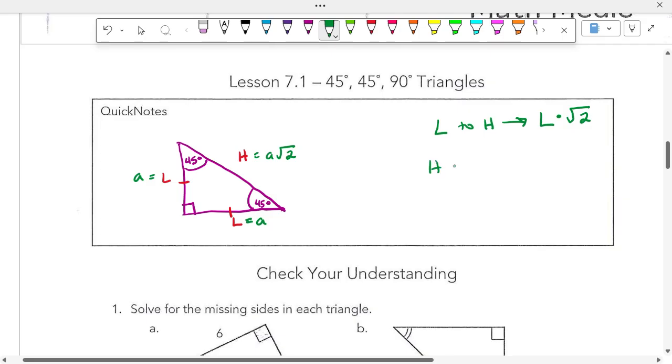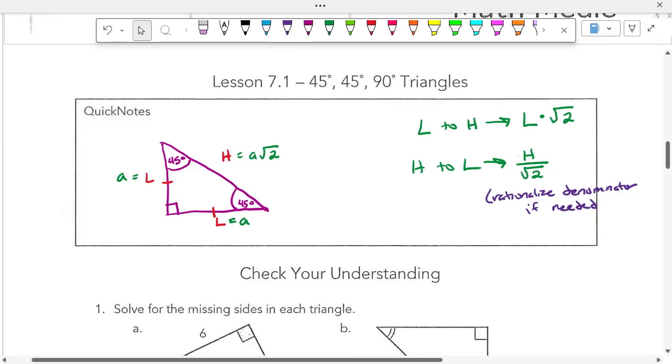If you're going from hypotenuse to leg, you would take the hypotenuse and divide it by the square root of 2. And then make sure you rationalize the denominator if needed.